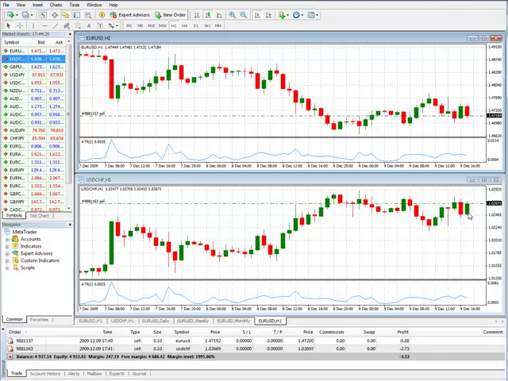When it moves into 20 pips positive territory, you could then be in a position to simply grab that 20 pips and use that 20 pips to offset any movement against your original trade. So I hope that makes sense.